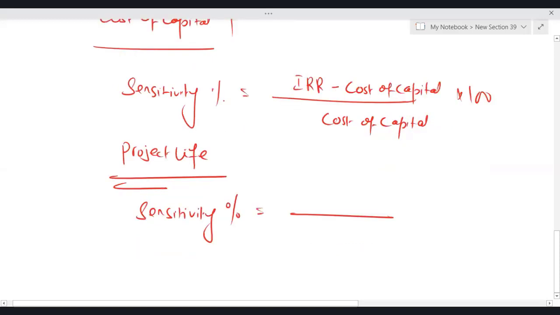We are applying sensitivity analysis on project life. What should be the formula?